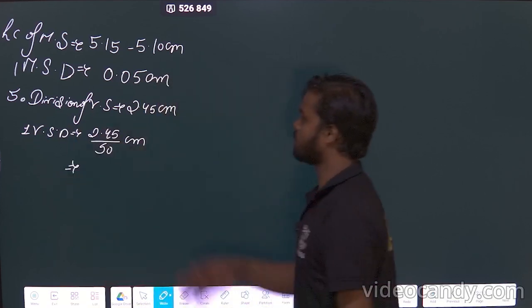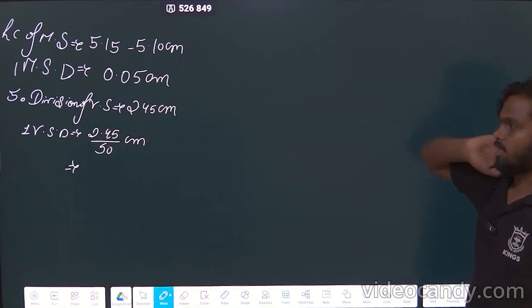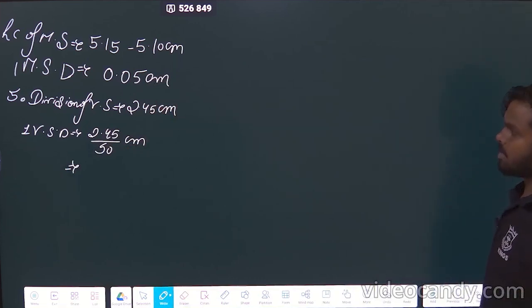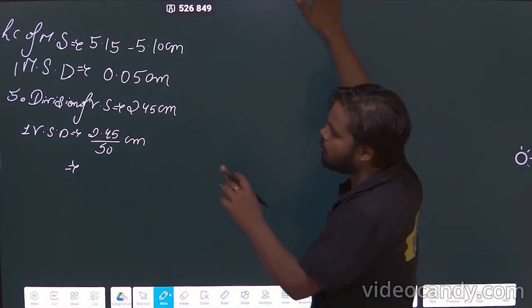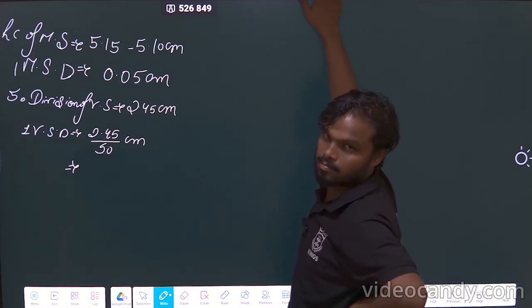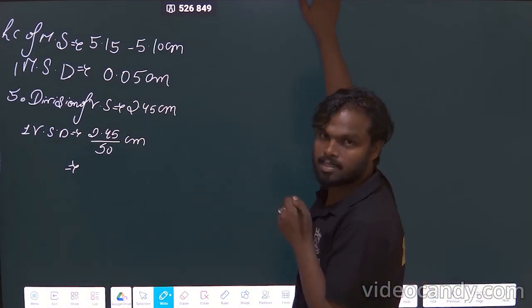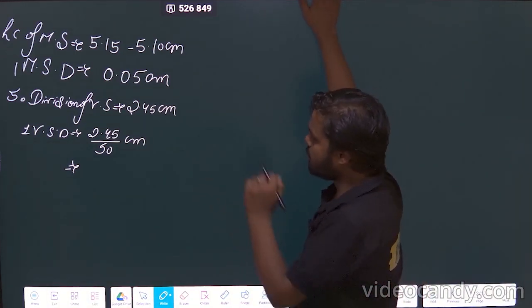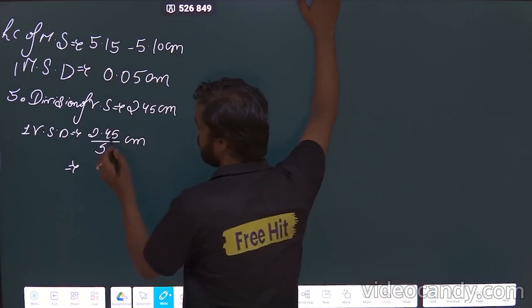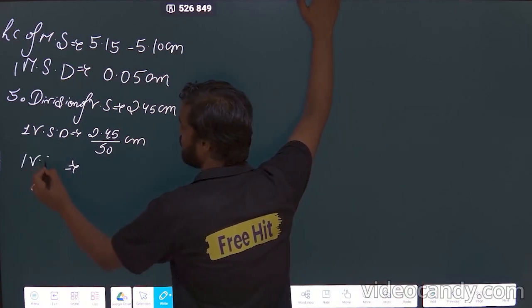First tell me whether it is correct or not. 50 divisions of vernier scale is equal to 2.45 centimeters. So from there I can say my one vernier scale division will be equal to 2.45 by 50 centimeter or not. It's a normal unitary method. So what is my one vernier scale division?